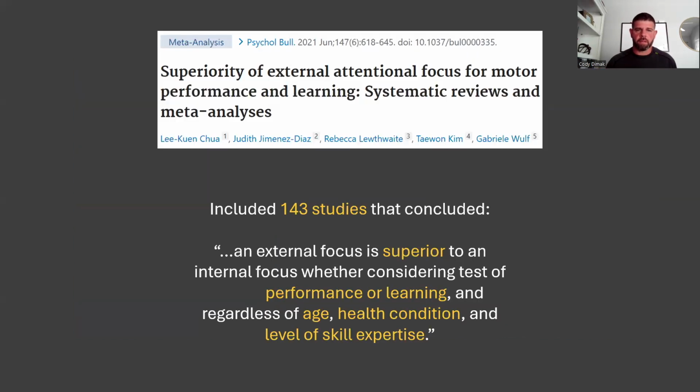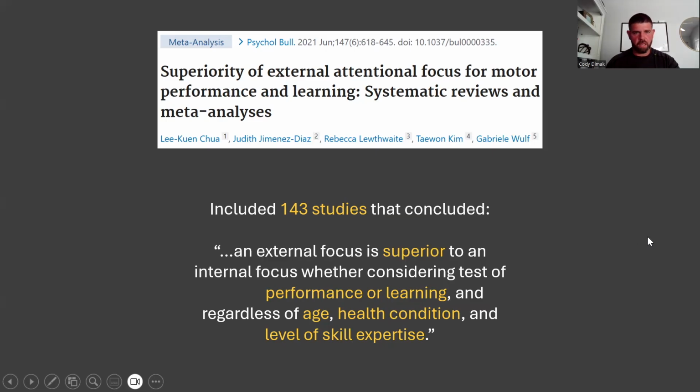Now this one paper here is called a systematic review and a meta-analysis. They looked at hundreds and hundreds of studies. This one included 143 studies that concluded this: an external focus of attention, also analogies, is superior to an internal focus of attention, whether considering the testing of performance or learning, and regardless of age, health condition, and level of expertise.